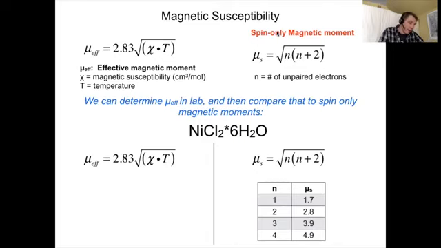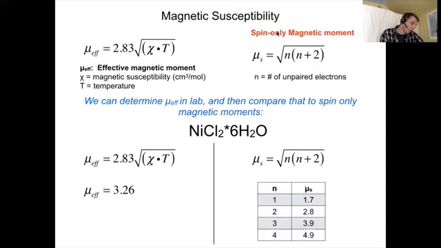Going through the spin-only magnetic moment values, we can calculate what the spin-only magnetic moment would be if n equals 1, if n equals 2, if n equals 3, and so on. Then with your mu effective, we can come over here and ask, what did we get?